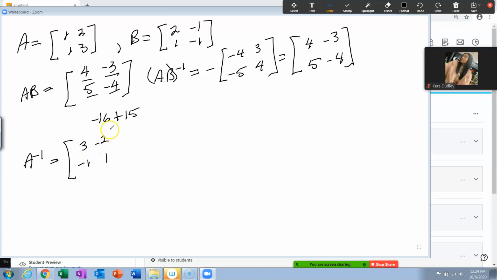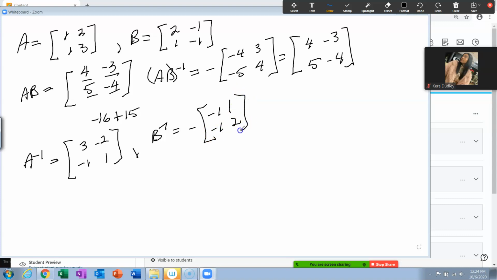Negate the other two. All right, B inverse, the determinant here is -2 minus a minus, which is +1. So that's going to be a -1. So I'm going to just put a minus sign here, and then we'll reverse these two, make it -1, 2, 1, and negate these two, -1.